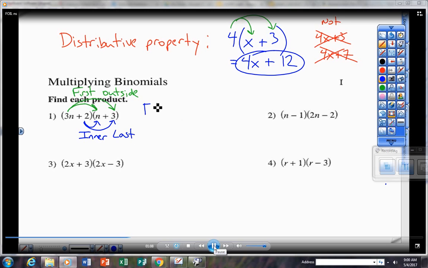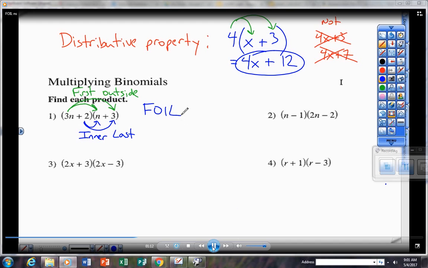That's where we come up with the term FOIL, which shows the multiplication process. First, outside or outer, inner, and then last. So both these are double distributing. I'm multiplying 3n times both n and 3, and then when I'm done with that, I times this 2 times n and then 3 and then combine like terms.